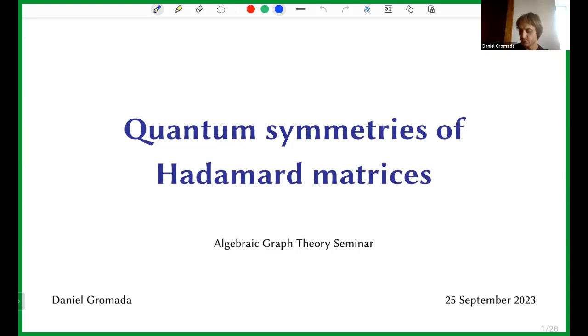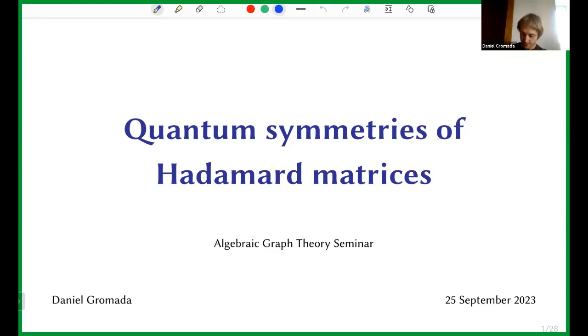So I will introduce quantum symmetries just briefly, and then focus on explaining the proof of the main result, which is about Hadamard matrices, although I will explain it on a slightly easier example.